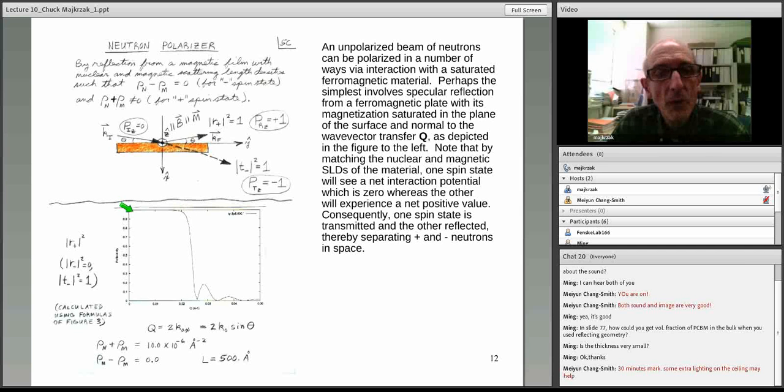And so the reflected beam is purely spin up, and the transmitted beam is purely spin down, and we've now spatially separated the incident beam into two sub-beams, each having perfect polarization, spin up and spin down.